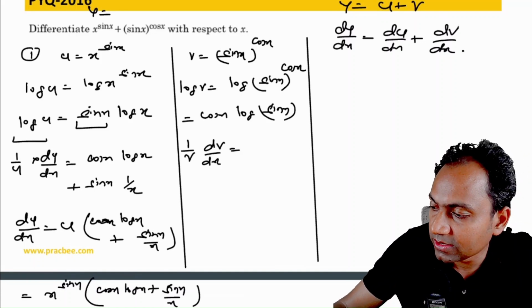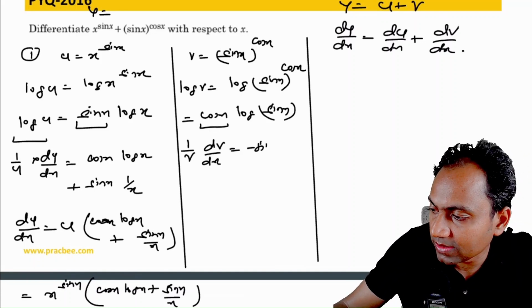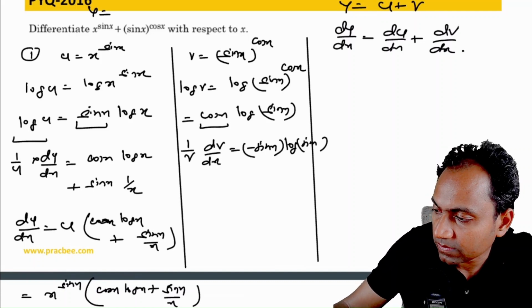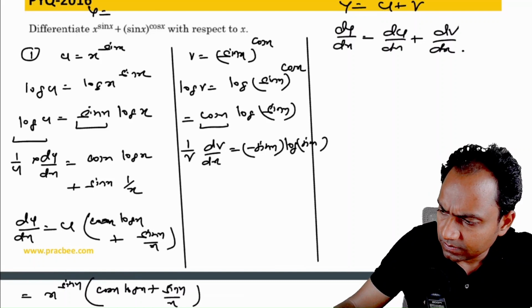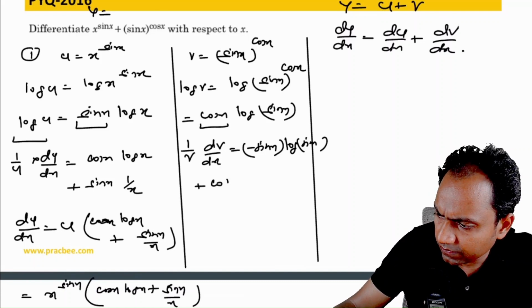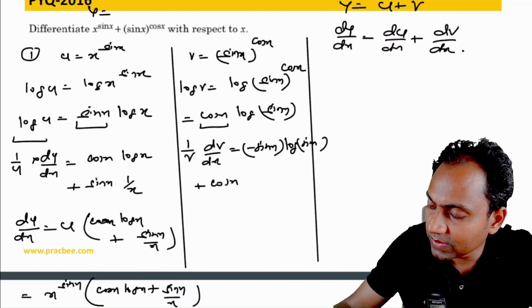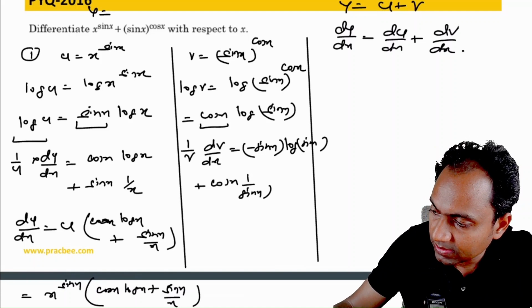On the right hand side, the differentiation of the first part will come, that is minus sin x into log sin x, and then the differentiation of log sin x will come, that is 1 by sin x, and differentiation of sin x will be cos x. This is what we are getting.